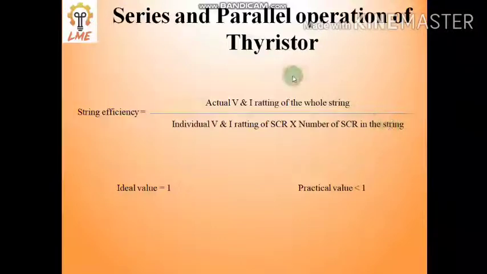Ideally the actual rating of the entire string should equal the individual rating times the number of SCRs, so numerator and denominator are the same and the ideal value is always 1. But practically this value is always less than 1. Clear? So that is the series and parallel operation of thyristors.